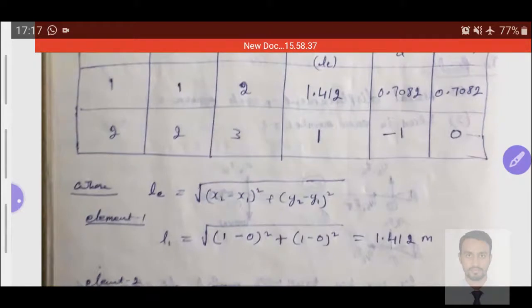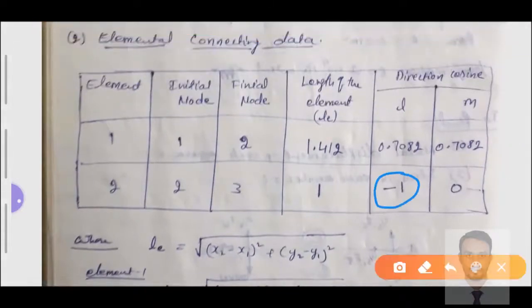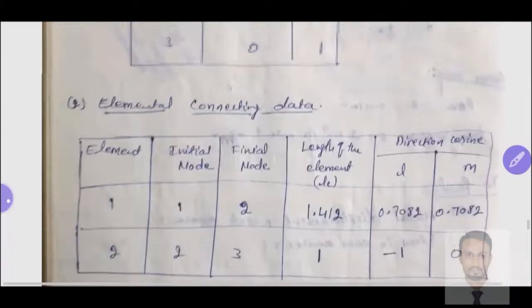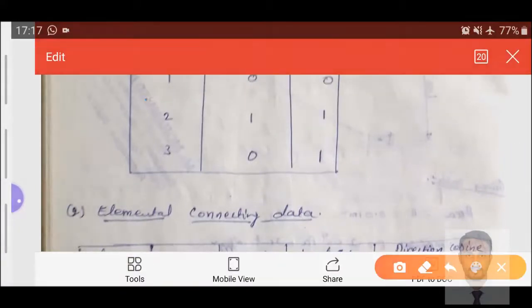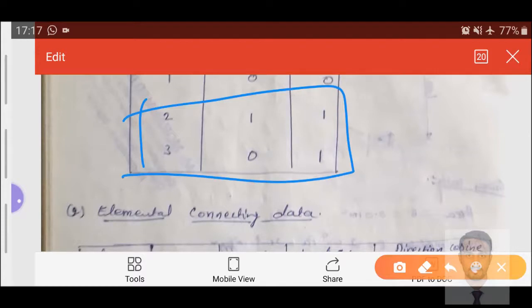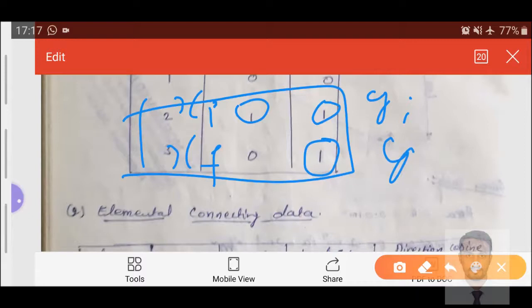So now we need to find L and M for element number 2, how we will get these values here. We need to take these characteristics. This is the initial value, and this is the final value for x. This one is the initial value for y and this is the final value for y. So we'll use these values to find the L value.